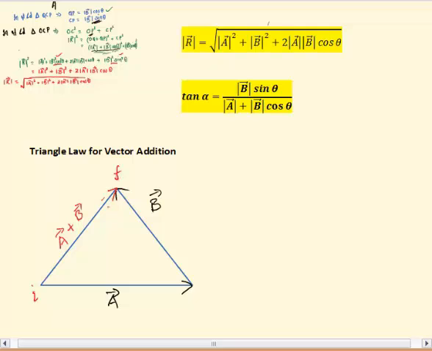So you started with vector A, added vector B, you reached a point, then the vector joining the initial to the final point is A plus B vector. And the formula for modulus of A plus B is the same as this formula here. And the angle made by this A plus B vector is alpha with A vector, and the same formula is valid.